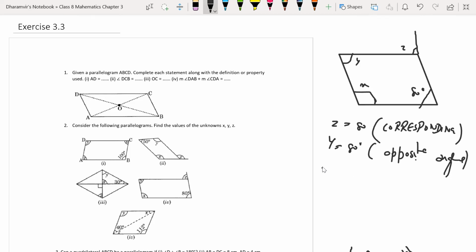The value of X: X plus Y is equal to 180 degrees. X is equal to 180 minus 80, that is 100 degrees. Why is X plus 80 equal to 180? Because adjacent angles are supplementary. X and Y are adjacent angles, so adjacent angles are supplementary. That is the solution for figure 4.